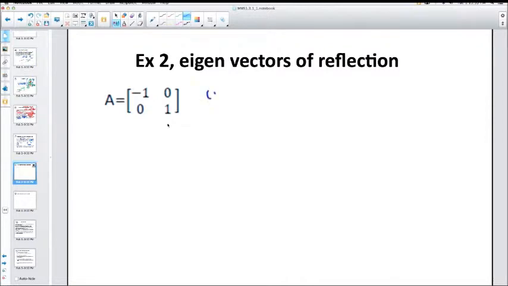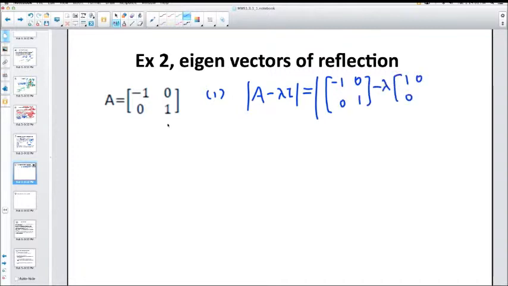Step 1, you just need A minus lambda I, which equals the A matrix [-1, 0; 0, 1] minus lambda times the identity matrix, and the determinant equals 0.